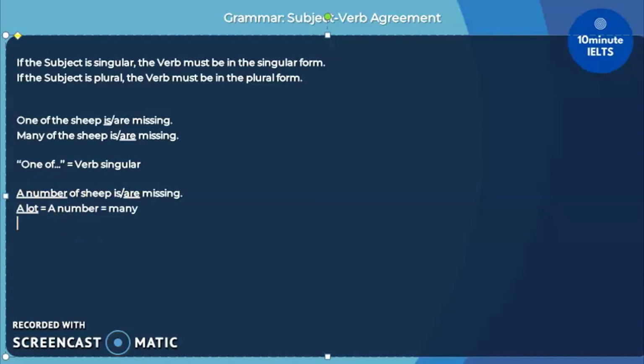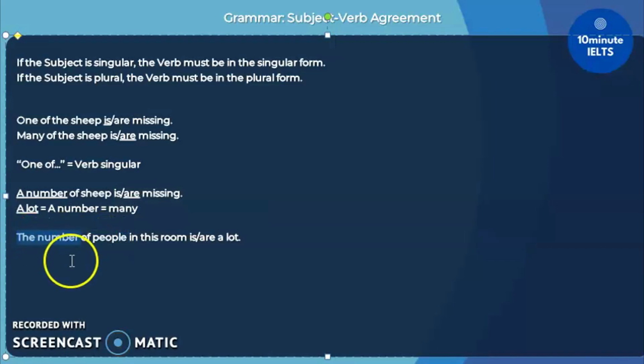Let's compare that to this other statement. The number of people in this room is or are a lot. Is the subject people or is the subject the number?